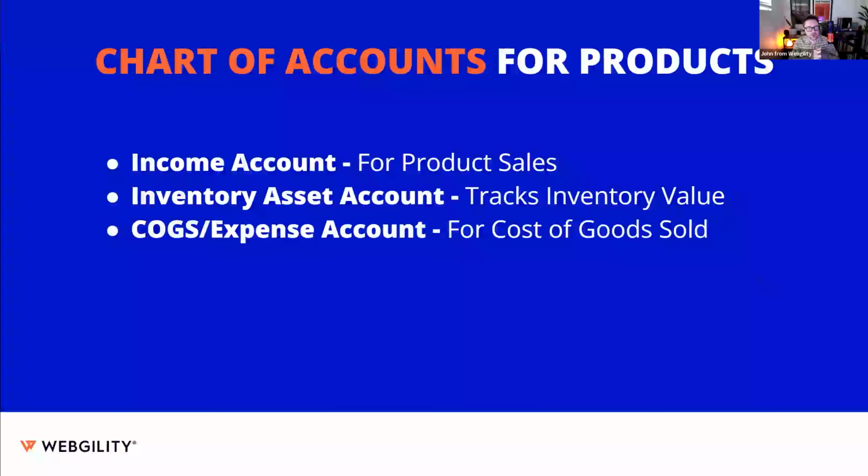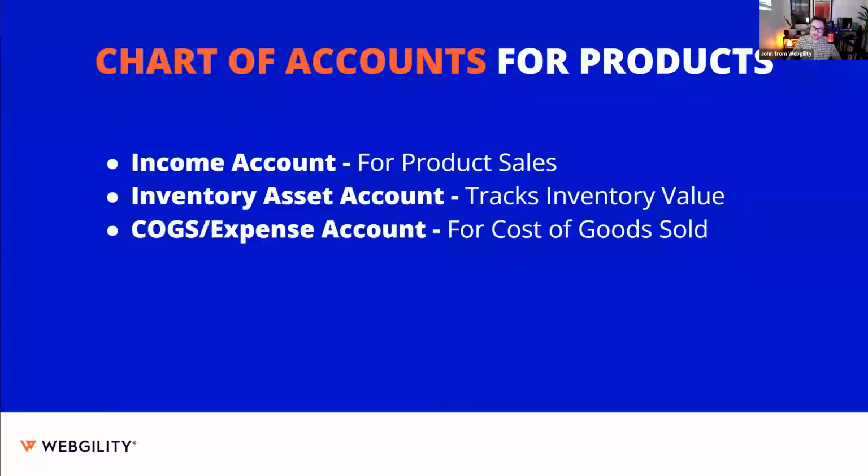Perfect. So for chart of accounts, for products, it's very straightforward. When it comes to product sales, make an income account and keep it in that income account. One thing you might want to consider, which I actually didn't mention in these slides, is creating clearing accounts for all use cases, specifically in e-commerce.